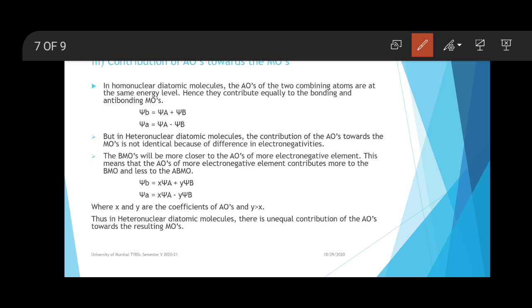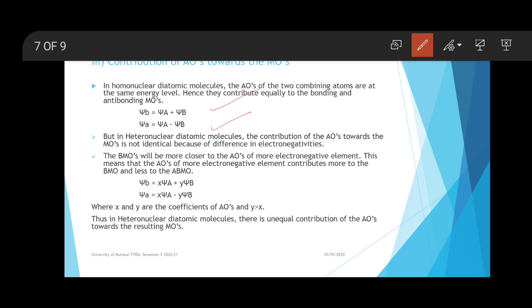So psi b, the wave function of the bonding molecular orbital, is equal to the wave function of atom A plus the wave function of atom B. That means addition takes place. But in anti-bonding, subtraction takes place between the two atomic orbitals: psi star is equal to psi A minus psi B.